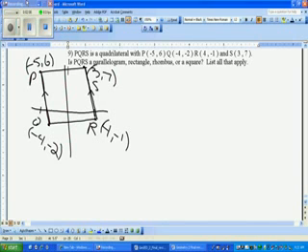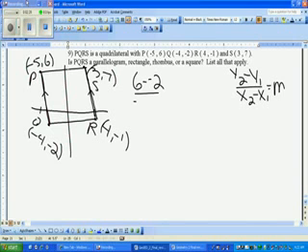And I'll do that by using the slope formula, which is y2 minus y1 over x2 minus x1, and that is the slope. So in using PQ, it's going to be 6 minus -2 over -4 minus -5, which is 8 over -1, which is -8.